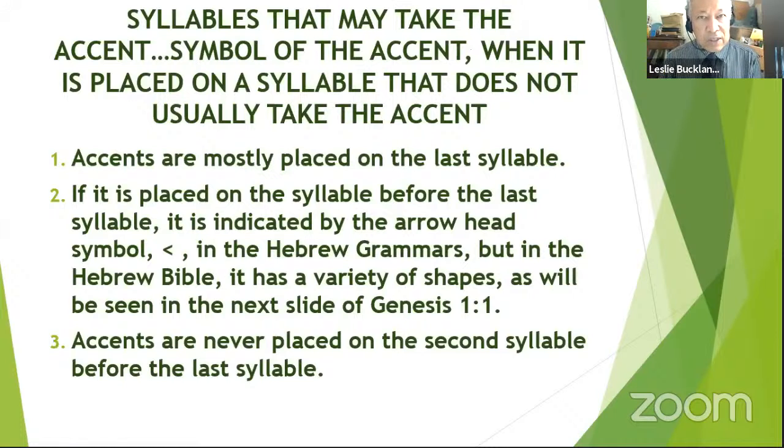So let us look at syllables that may take the accent and the symbol of the accent when it is placed on a syllable that does not usually take the accent.